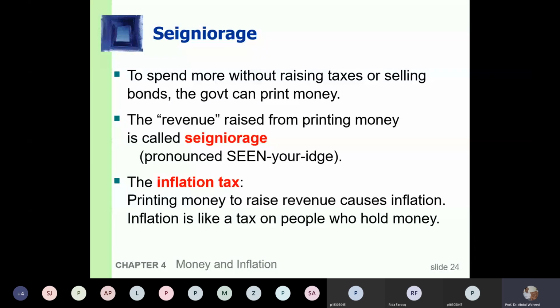So this means inflation is a tax. People were not paying taxes, so the government printed money and made their expenditures, and then when people go to the market, they will pay higher prices. That higher price is basically a tax which they pay to the government. This is called the inflation tax.